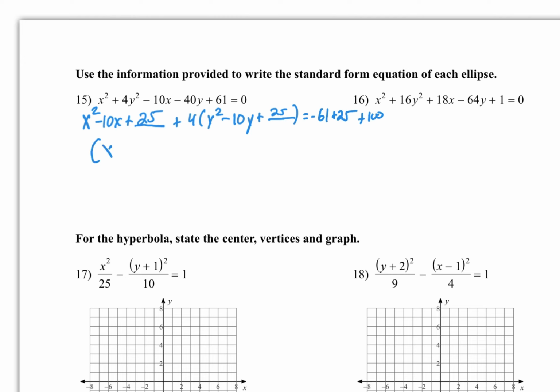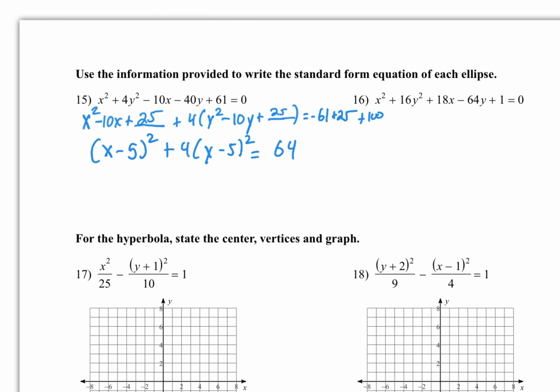Factor, that's x minus 5 squared plus 4 times y minus 5 squared equals, no idea. Can't do that one in my head. Negative 61 plus 125. 64? Which probably makes sense.